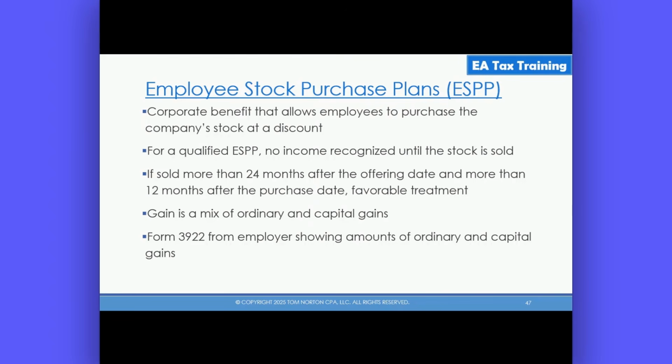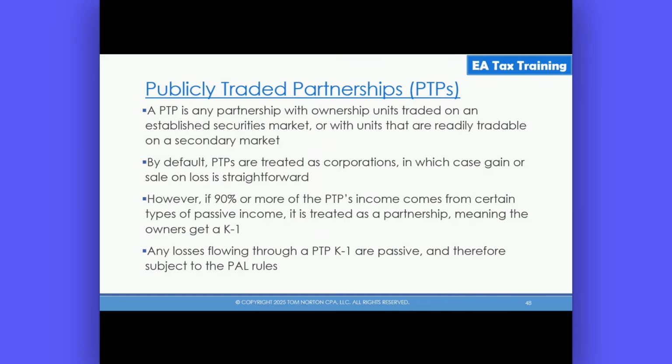It's not a set thing all the time. So the company will let the employee know. They'll give them this form 3922, that shows them the amount of the gain that is ordinary and the amount of the gain that is capital. But for the exam, you just need to know that if you have one of these employee stock purchase plans, it does get this special treatment, and you've got the 24-month and 12-month rule.